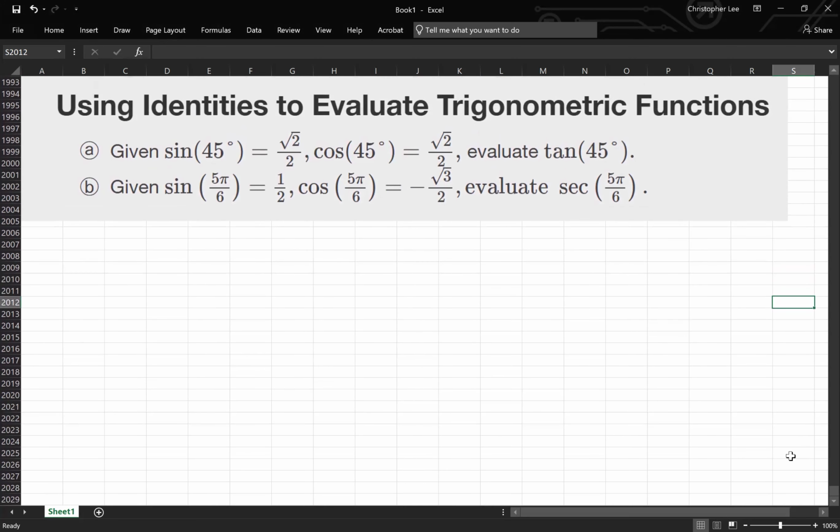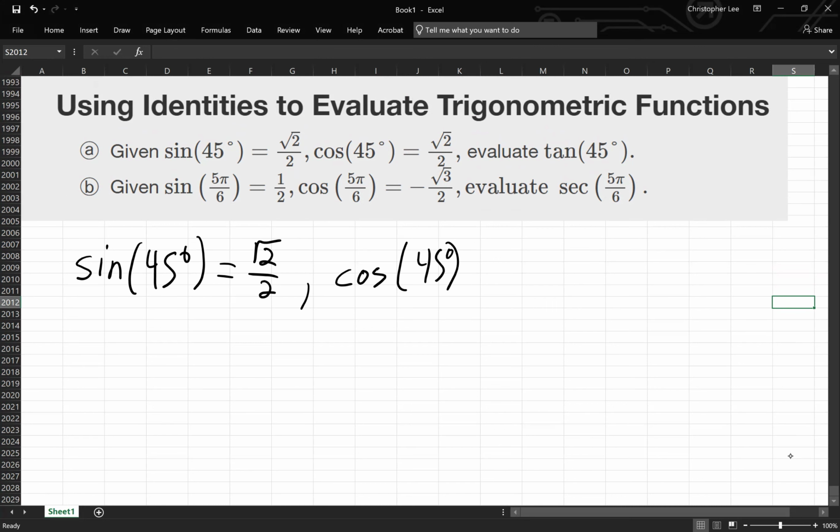Let's look at A. A says that given sine of 45 degrees is equal to radical 2 over 2, and cosine of 45 degrees is equal to radical 2 over 2, they want to know what's tan of 45 degrees.